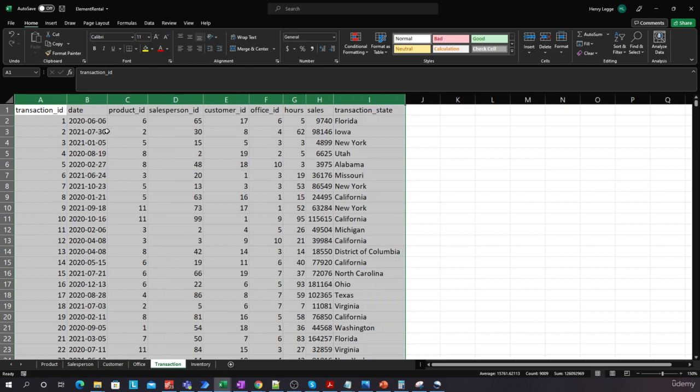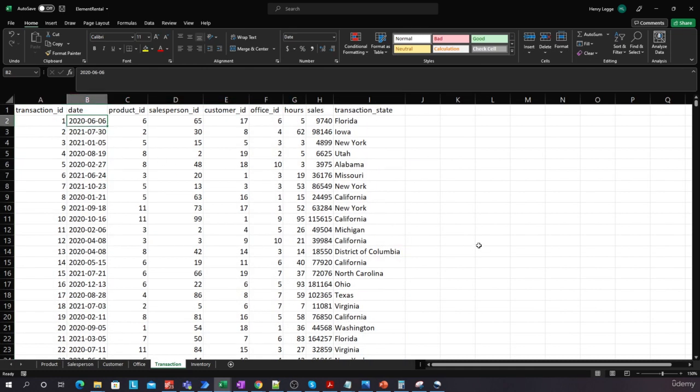Each row here represents a transaction, or basically a buying or selling. What we see is a list of transactions, and for each transaction ID, we know the date it occurred, what product was sold, who sold it (the salesperson ID), who it was sold to (the customer), in what office it was sold, the number of hours the product was rented out for, and the total sales.